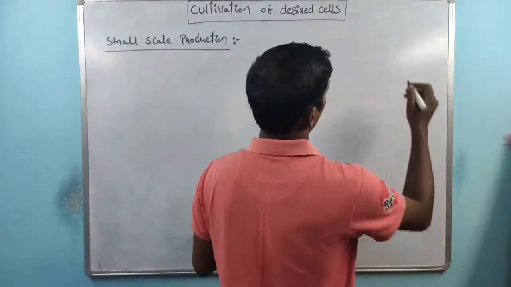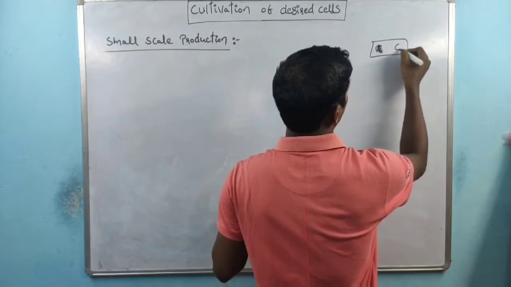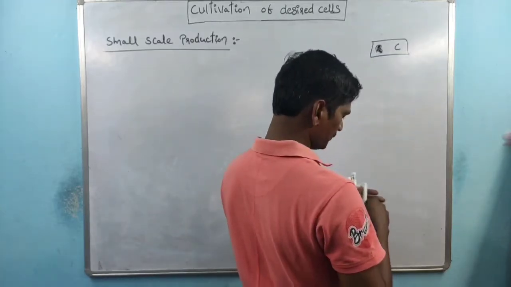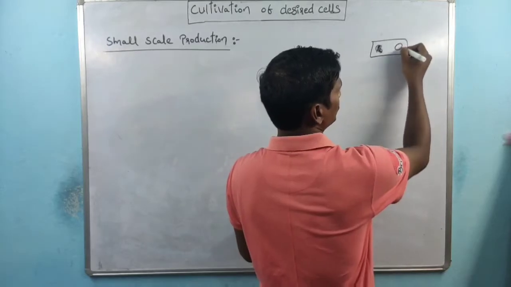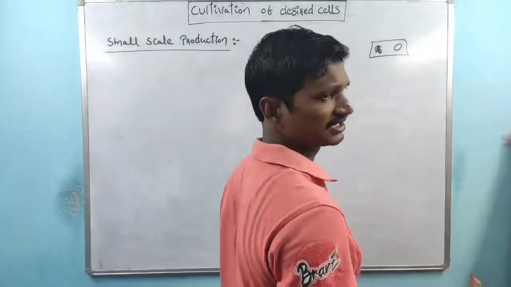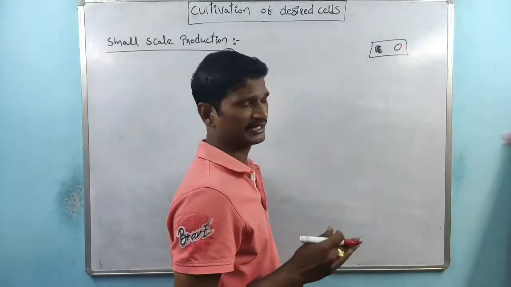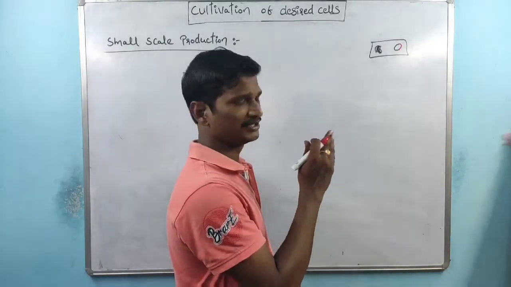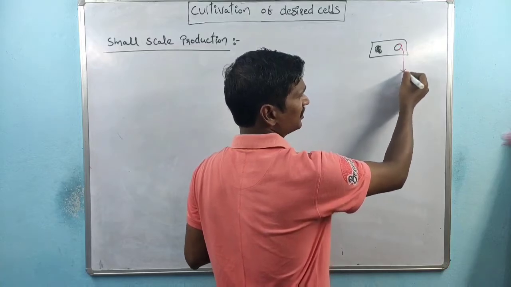So this is one of the bacteria. It has the main genetic material and it has the plasmid. The plasmid contains the desired gene. That is nothing but a recombinant plasmid, which has the recombinant gene.